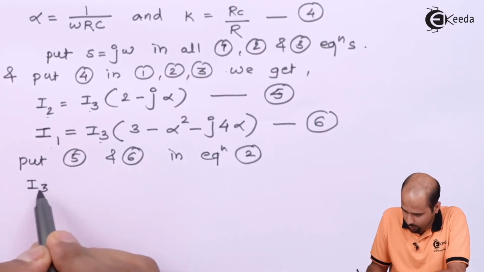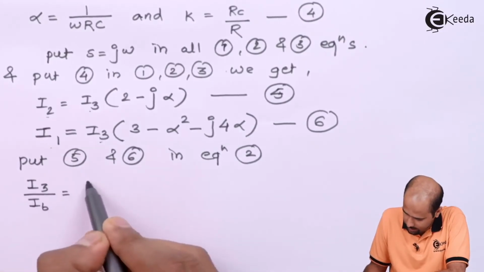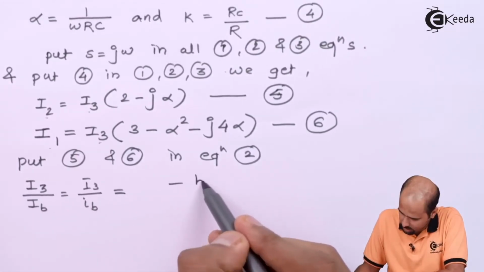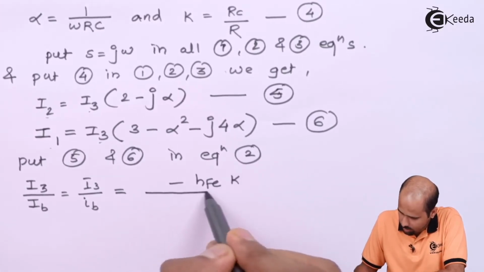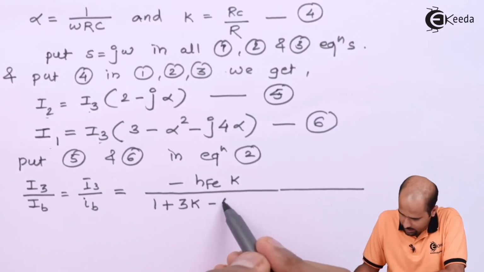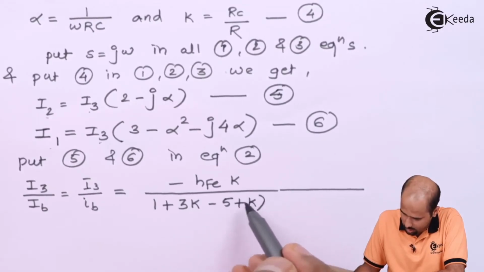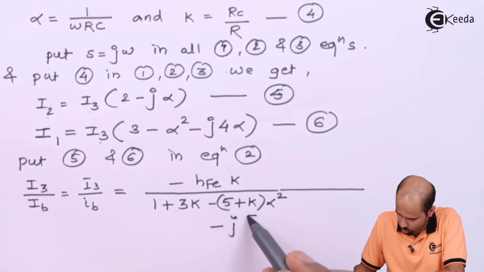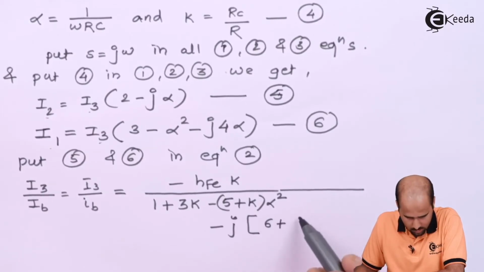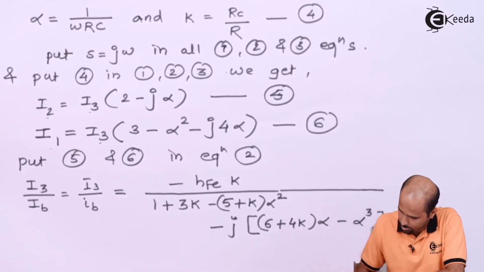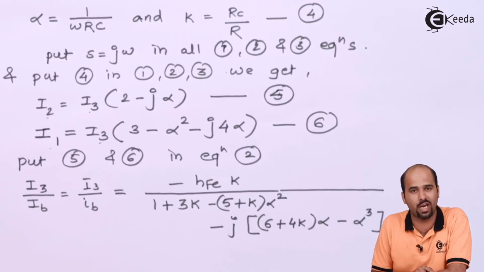We will be getting the ratio of I3 to IB, which is equal to minus hFE into K divided by 1 plus 3K minus (5 plus K) into alpha square minus j into (6 plus 4K) into alpha minus alpha cube. This is what we obtain as the ratio of I3 to IB.